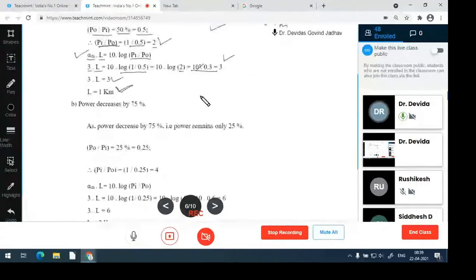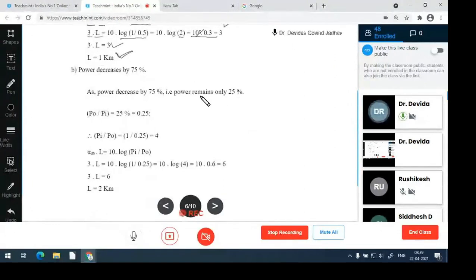Now suppose the power decreases by 75%. Suppose the optical power inputted is Pi and the output power we are getting is PO. If Pi decreases by 75%, then how much remains as PO? Power remaining is 25% because it decreases by 75%.